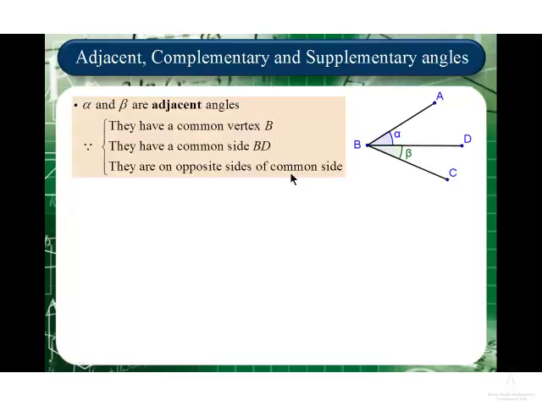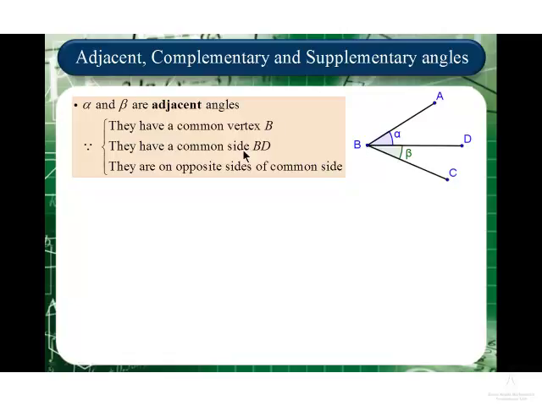We will now introduce the concepts adjacent, complementary, and supplementary angles. Let us have a look at this particular representation of two angles alpha and beta as indicated on the screen. We say that alpha and beta are adjacent angles, because, first of all, they have a common vertex B. You can see this from this representation.